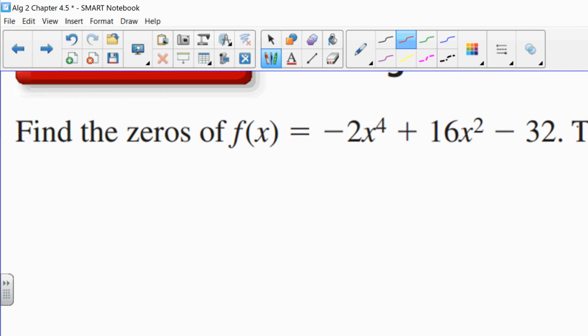Now, finding the zeros of the function is going to be the exact same thing. There is a way to factor this if we wanted to, but we haven't covered that yet, because it would use something called u substitution, substituting x squared in for u.